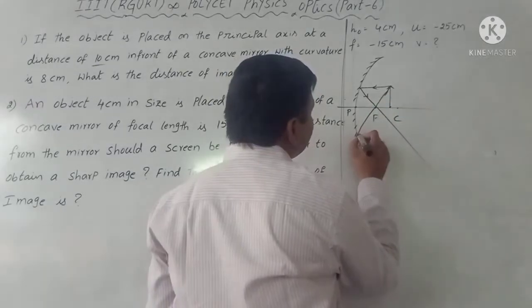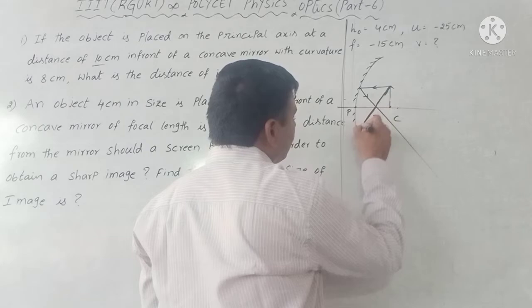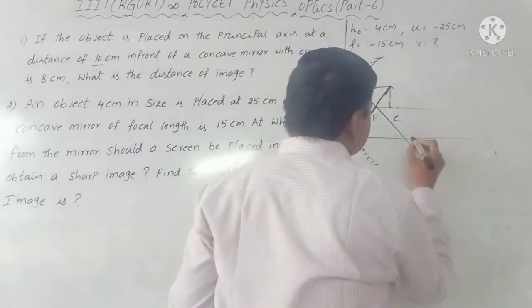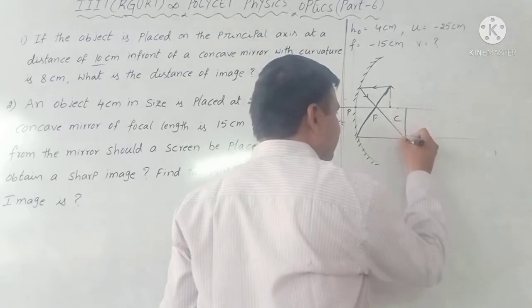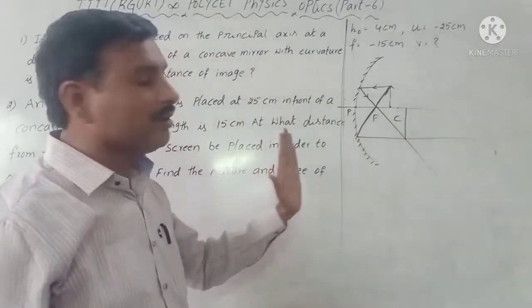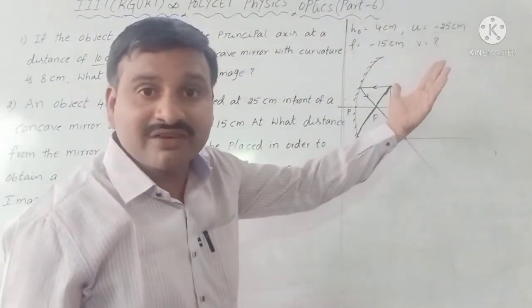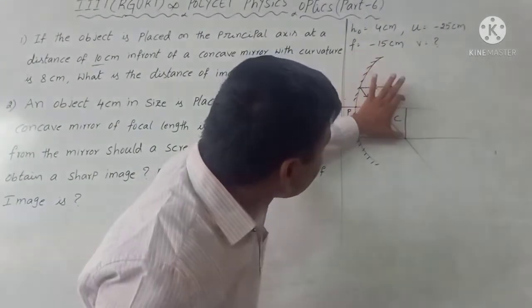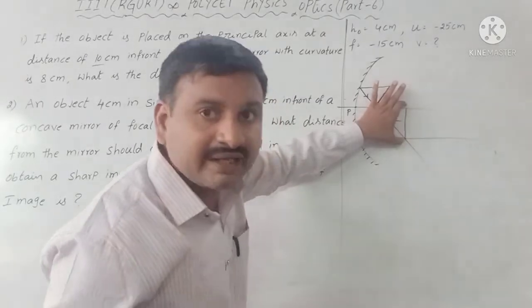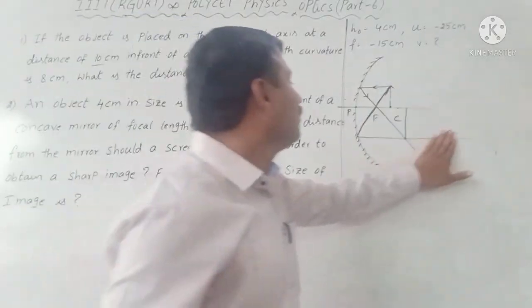Second, a ray passing through the focus, after reflection passes parallel to the principal axis. Where is the image formed? Beyond C. Compared to the height of the object, the height of the image is magnified.